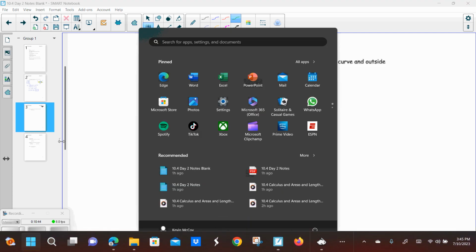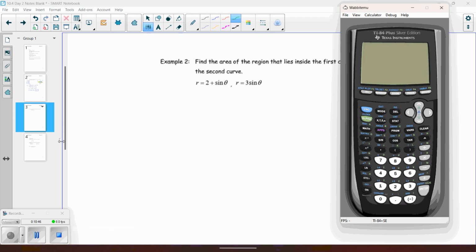So let's get our calculator back out here and go to our y equals. Let's clear all these things out from the previous problem. All right, so let's graph 2 plus sine of theta. And then we're going to graph for r2, 3 sine of theta.